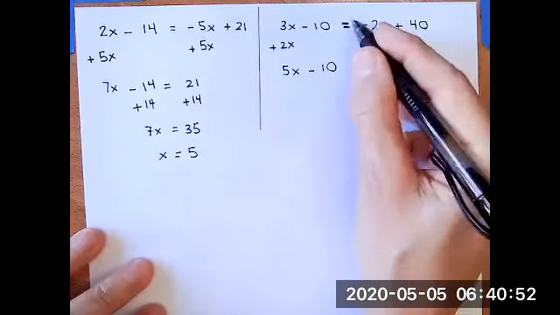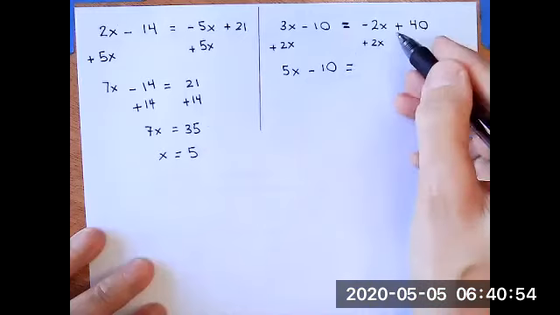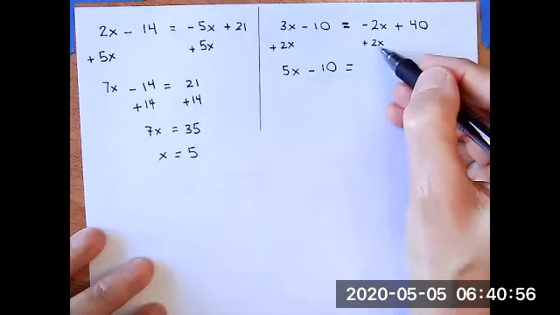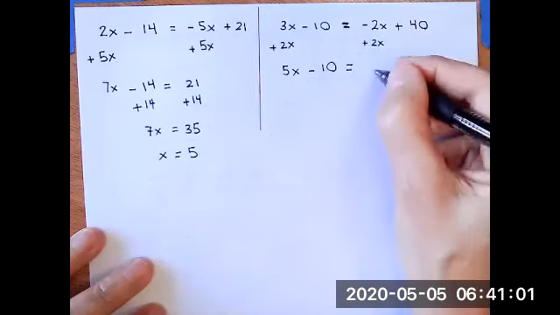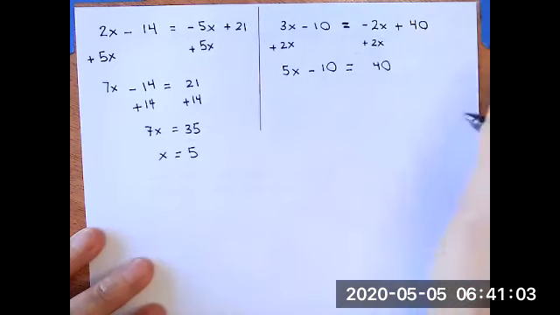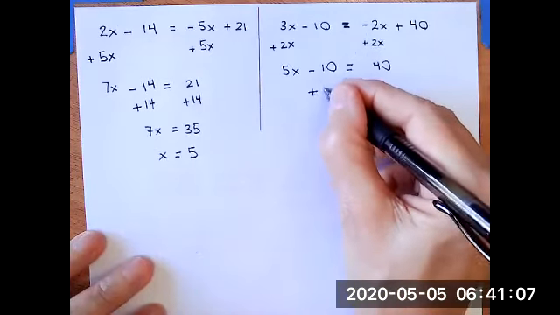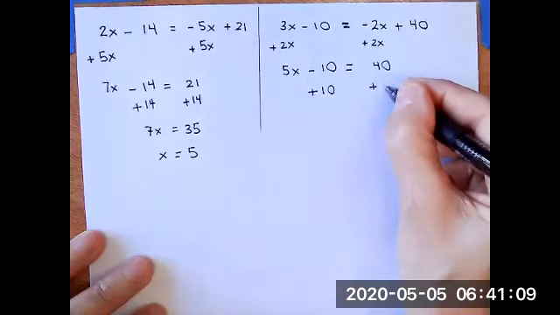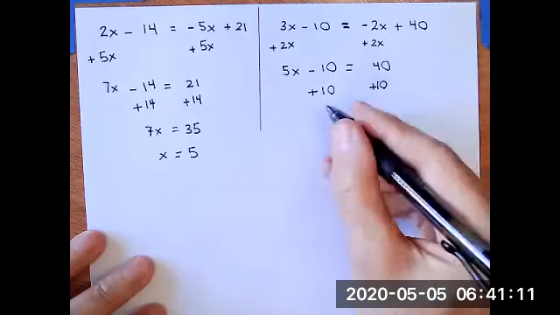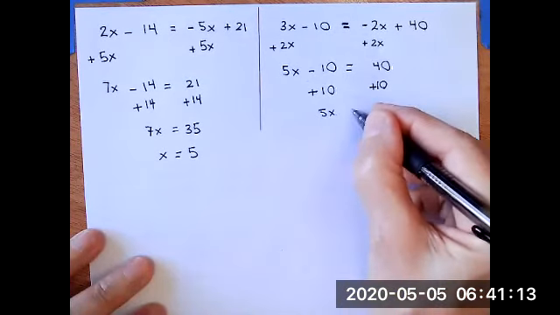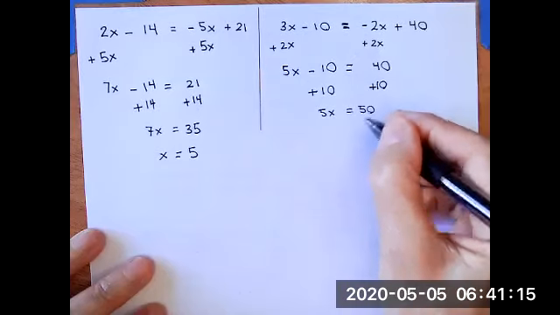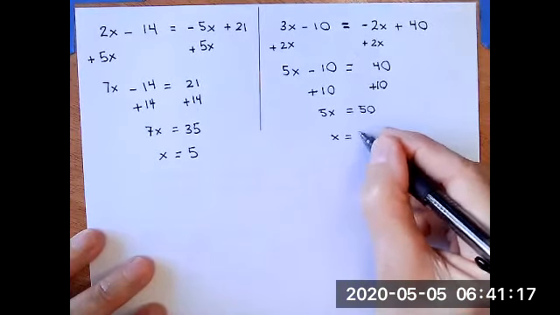Bring down the negative 10, bring down the equals. Negative 2x and positive 2x add up to 0, so that has been eliminated. And use the additive inverse of negative 10. Get 5x is equal to 50. X is equal to 10.